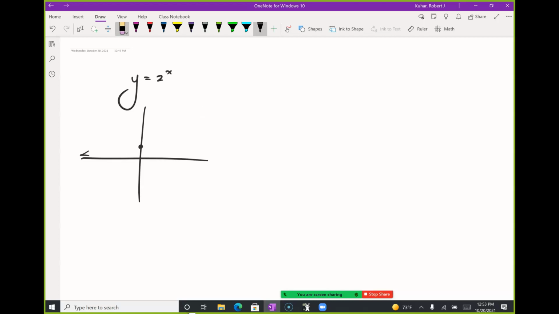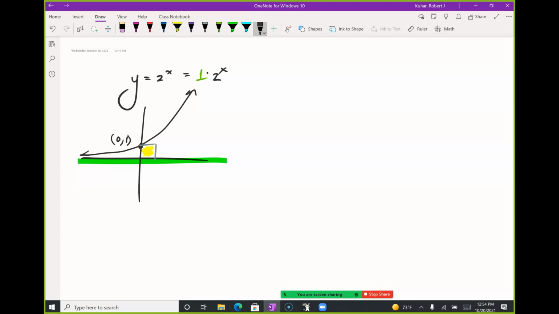Yeah, 0. So the x value is 0, so 2 to the 0 is 1, right? And so, of course, you can see it's a 1 times 2 to the x. So you can see that initial value there, right? And I'm seeing my horizontal asymptote, and I'm seeing my 1 by 1 box.